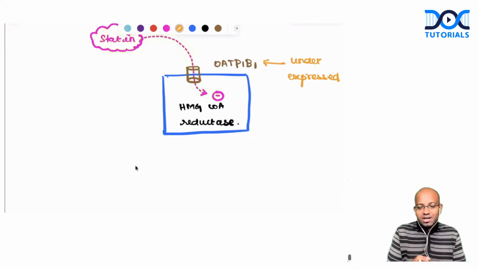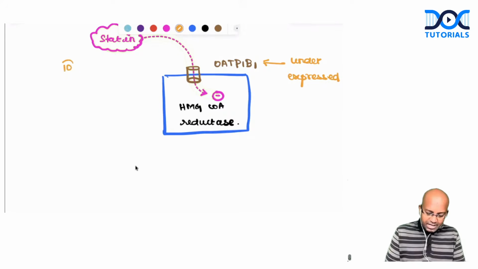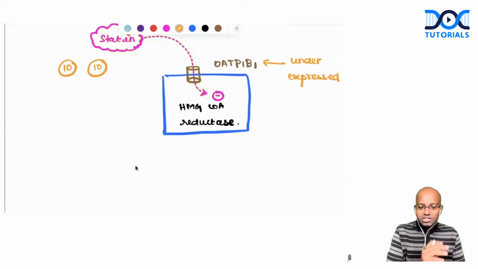They are genetically predisposed to have fewer OATP1B1 transporters. So for example, if we have administered 10 molecules of statins and we have 10 OATP1B1 transporters on the surface of the hepatocytes, all 10 molecules will gain entry. No statins will remain in the blood vessels.